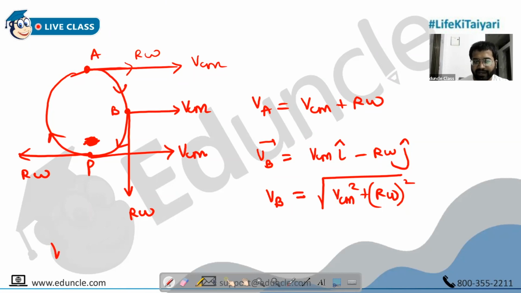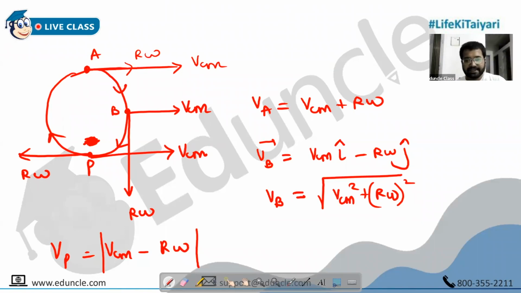So here we have two cases. Either VCM is greater than r omega, or r omega is greater than VCM, or both of them are equal. So VP will be the magnitude of VCM minus r omega, depending upon which is greater. And this is the factor which decides which kind of slipping we are going to have: forward, backward, or none.